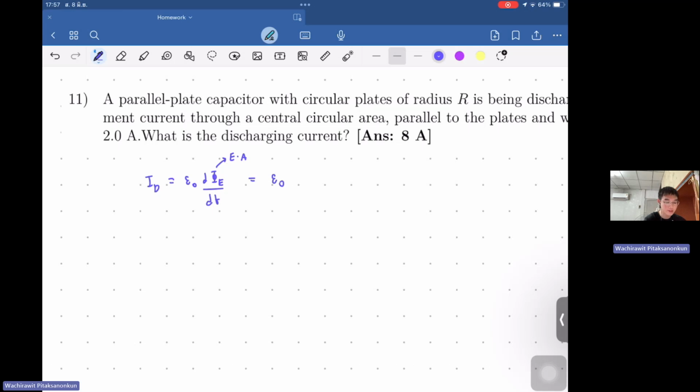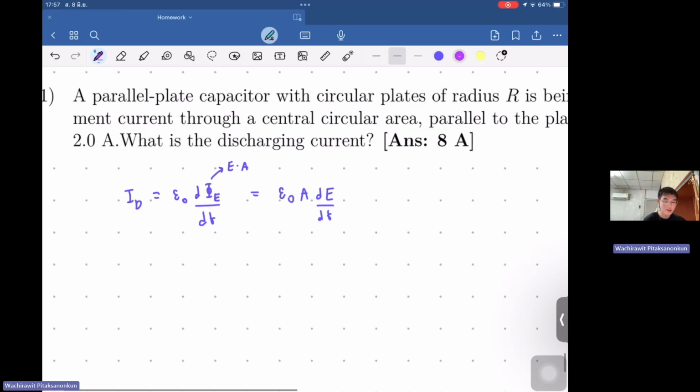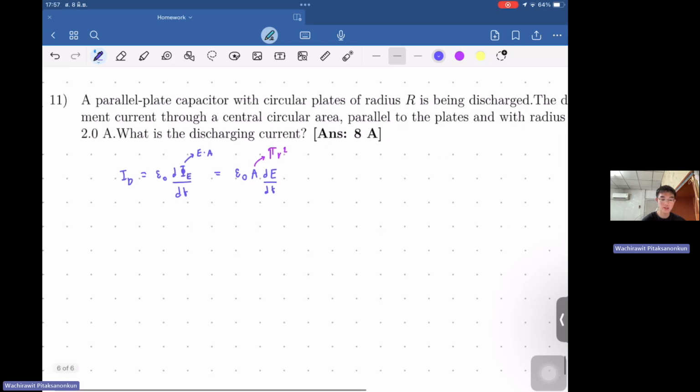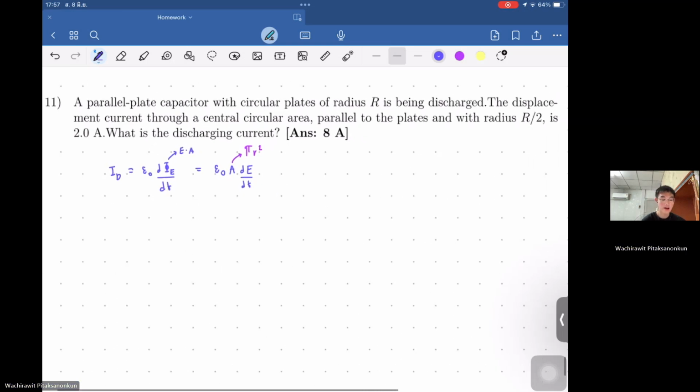So we put it out and we get the rate of change of electric field. And the area in this question is the circular plate, so it is pi radius squared. Okay, so what we know here is the radius r over 2 and the current that is 2.